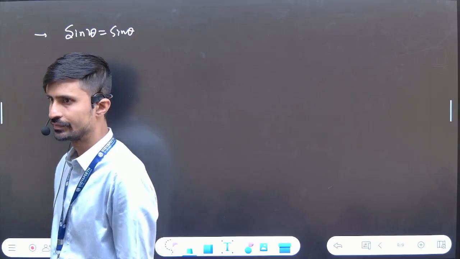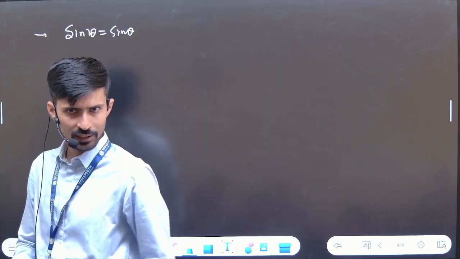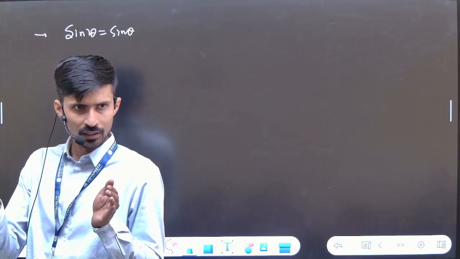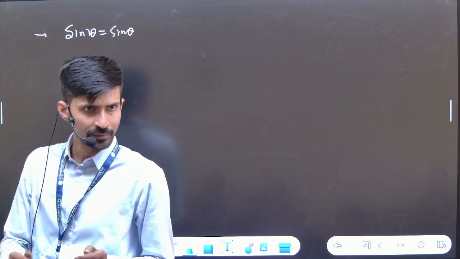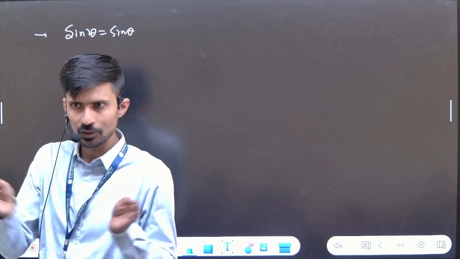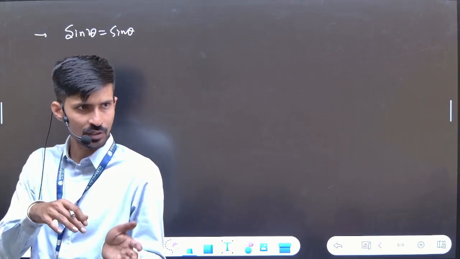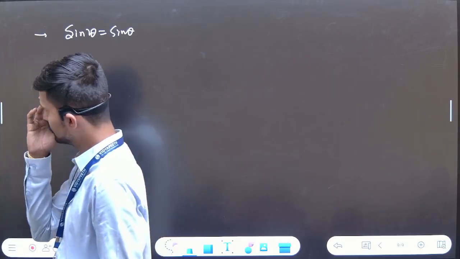Very good. Here we get one concept: if something is big, breaking it is very easy, but when something is in a small quantity, making it unite is very tough. So that's why we are breaking big into smaller.